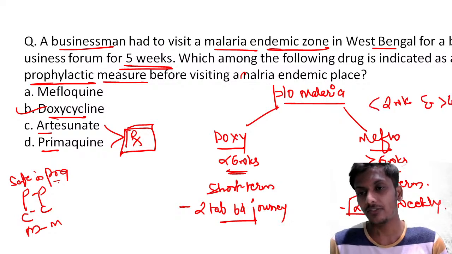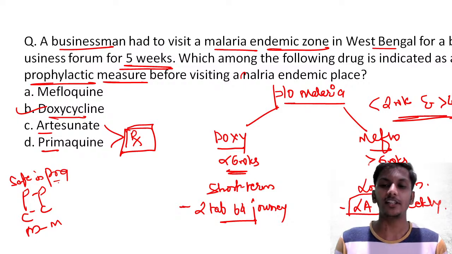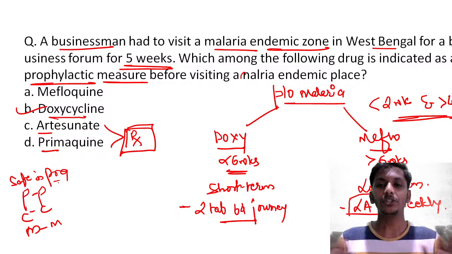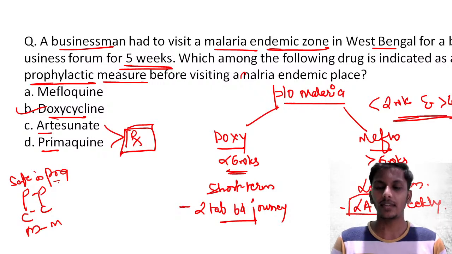Mefloquine is given 2 weeks prior to the journey and 4 weeks after the journey. This is how you need to understand the prophylactic regimen of malaria. Short term doxycycline, long term mefloquine, less than 6, more than 6. I hope now it is clear to you.